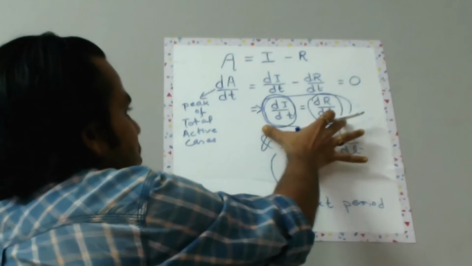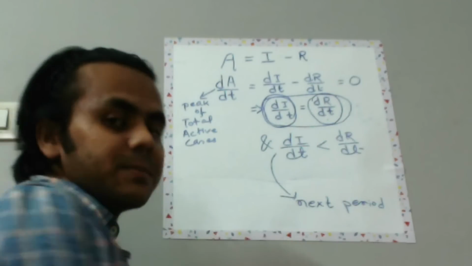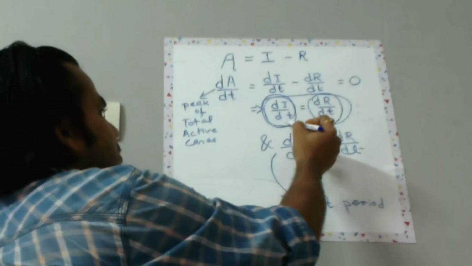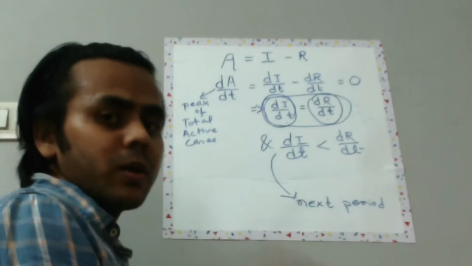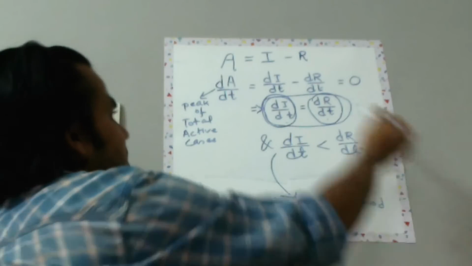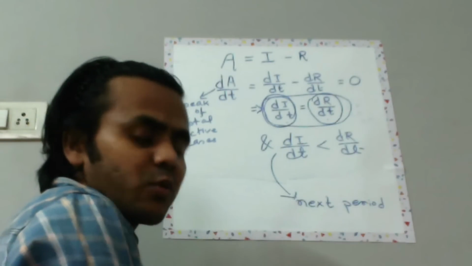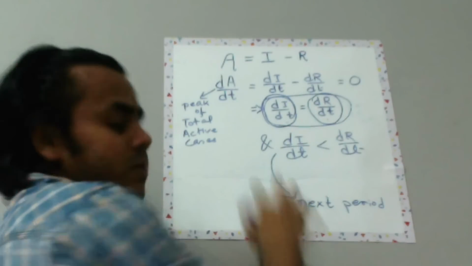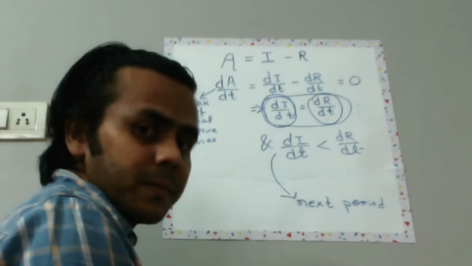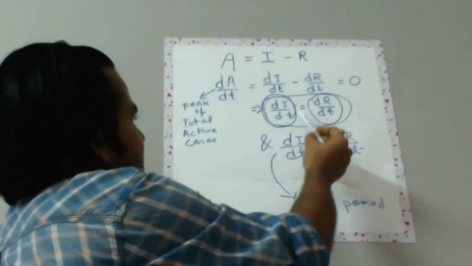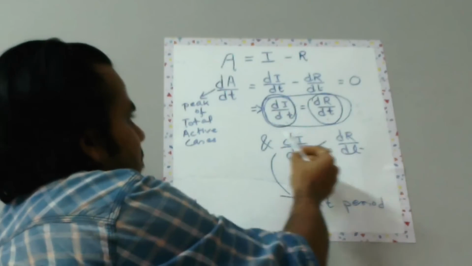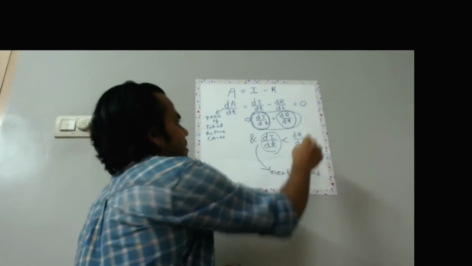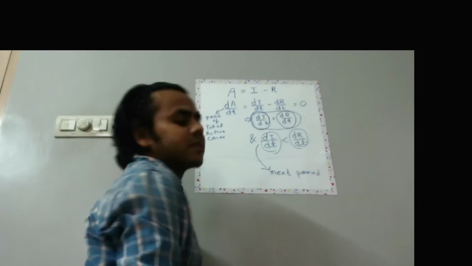Now, this is not the only criterion, because it may so happen that at the next time period, total number of infections could grow at a higher rate than total number of recoveries. So what we desire is that total number of infection should now come down, which means that the increase in total number of infection should be lesser than the rate of increase in recoveries.